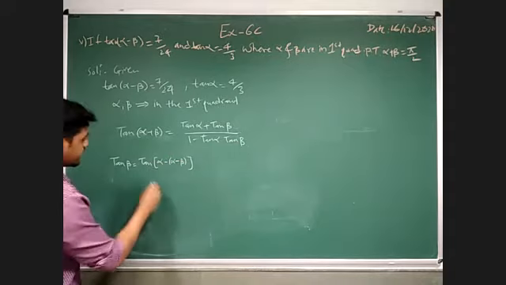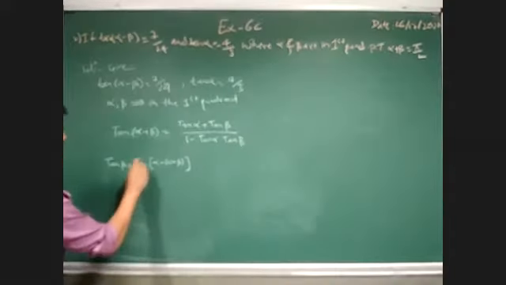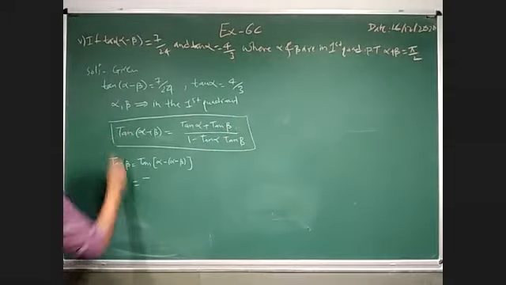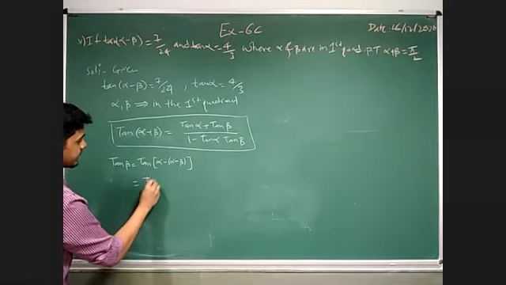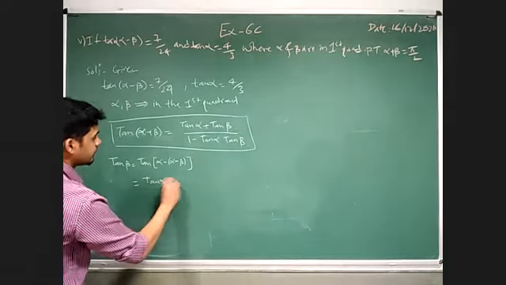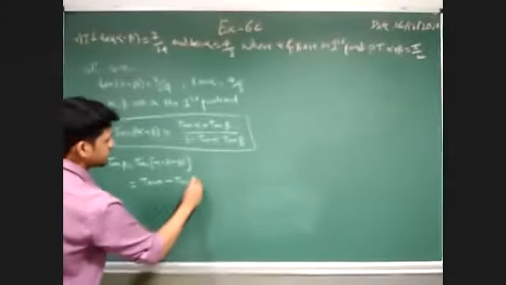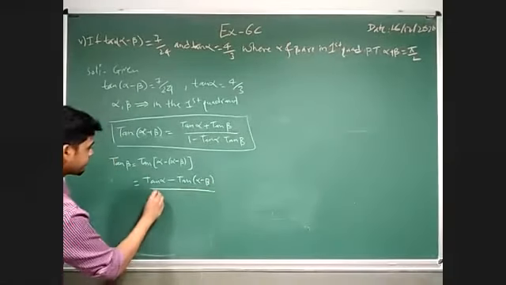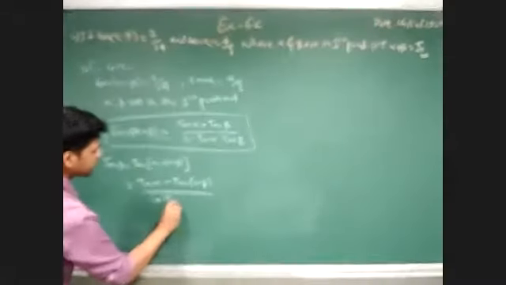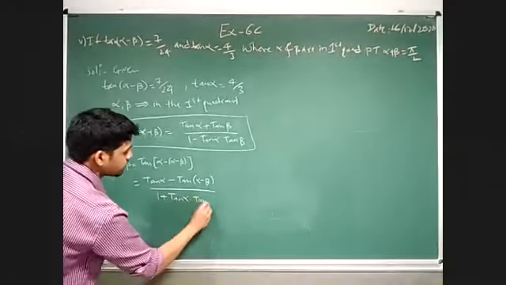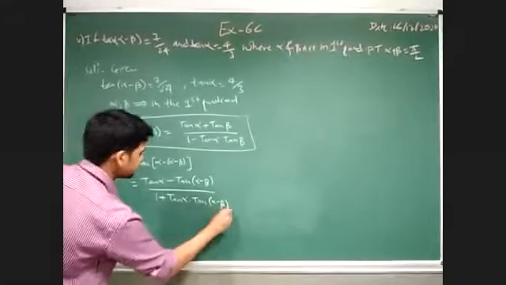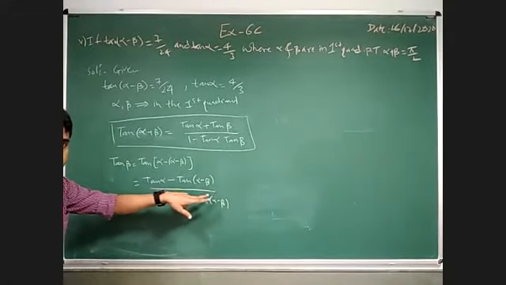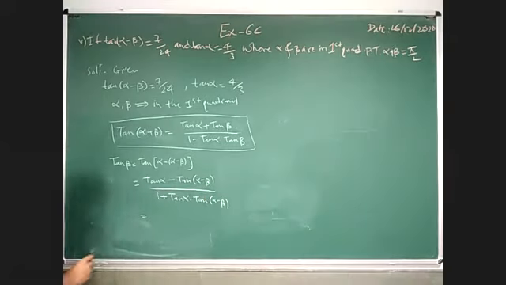Now I can use this formula: (tan alpha minus tan(alpha minus beta)) over (1 plus tan alpha into tan(alpha minus beta)). Tan alpha is given, tan(alpha minus beta) is given, just put the value here.